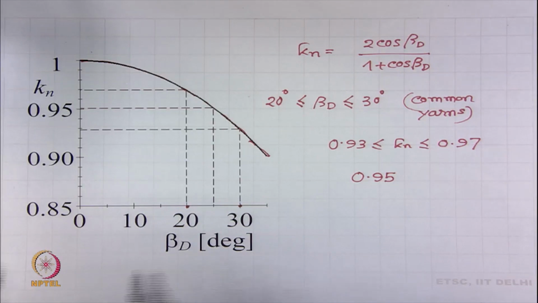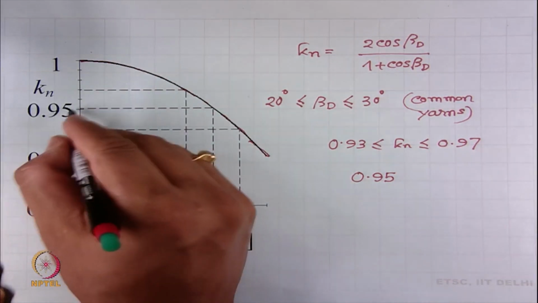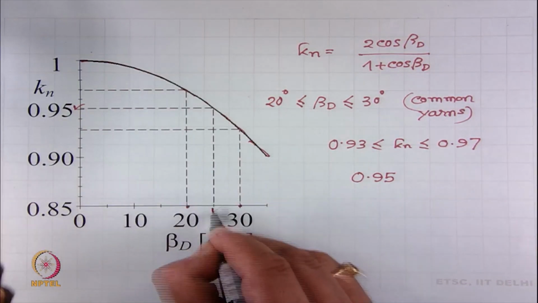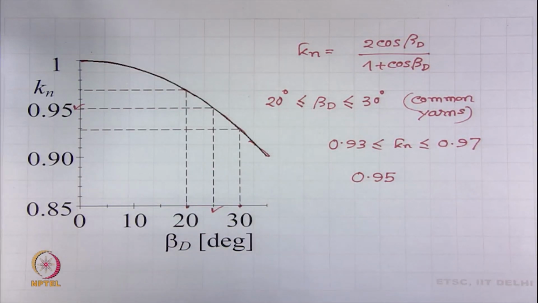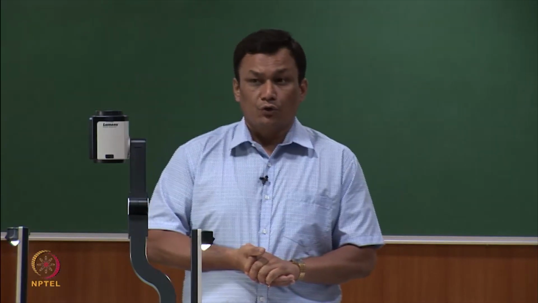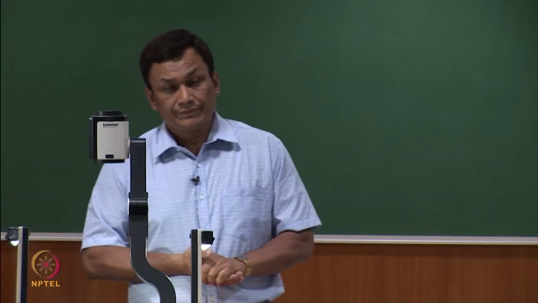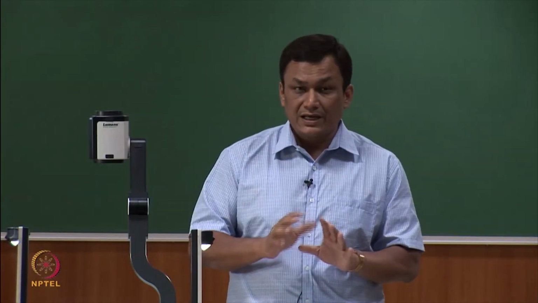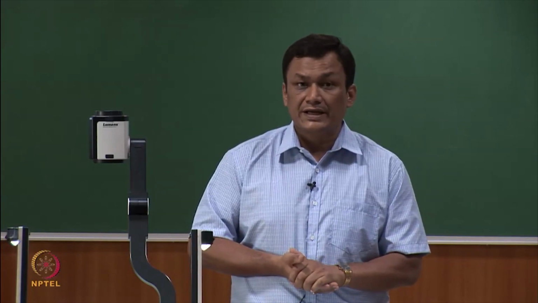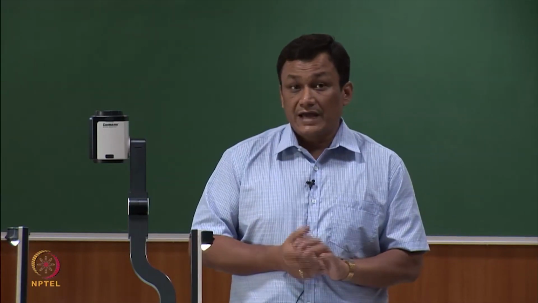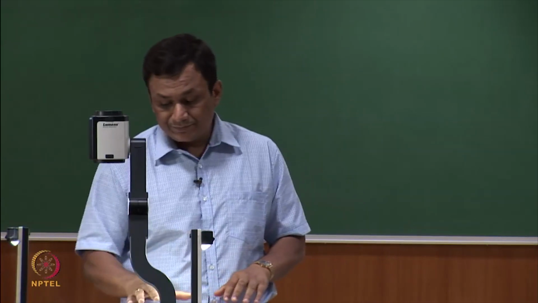So, average is somewhere here, 0.95, right. That is why you remember in module 2, when we defined coefficient Kn, we told that for ring yarn Kn is typically 0.95 and for rotor yarn Kn is typically 0.80. That 0.95 is basically coming from here.